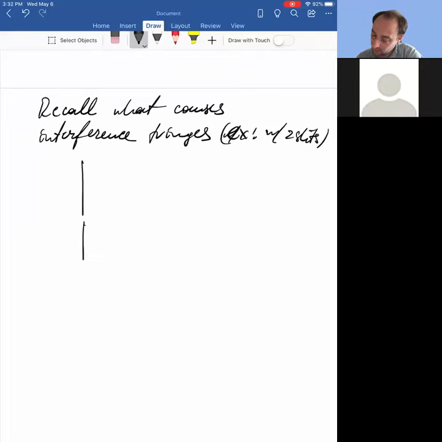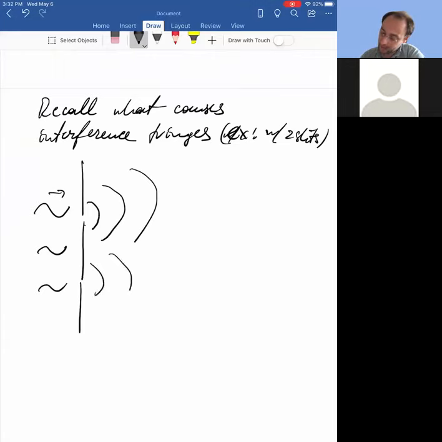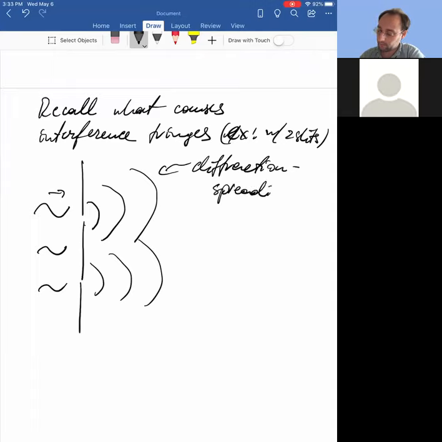Here's your double slit. Here come waves. Now the waves will form a circular pattern. This circular spreading is called diffraction. Diffraction of waves just means spreading of waves.